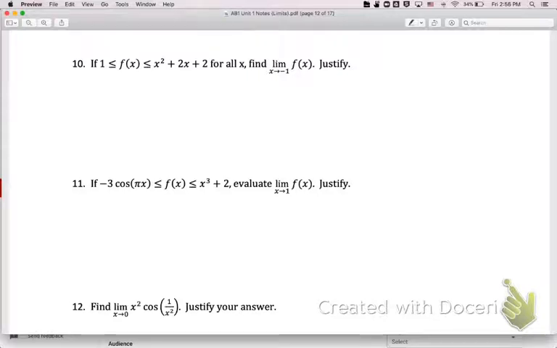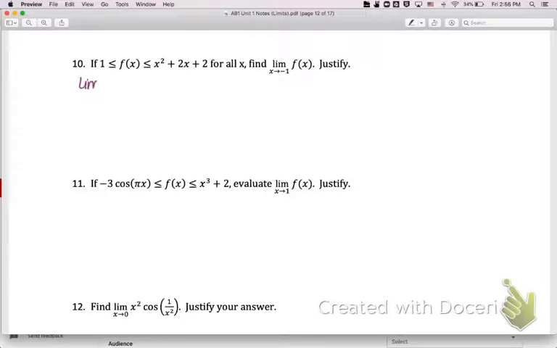So since I know that that's true, and f of x is what we want the limit of, using the squeeze theorem, and this is how this shows up on the AP exam a lot, we can take the limit in all spots.